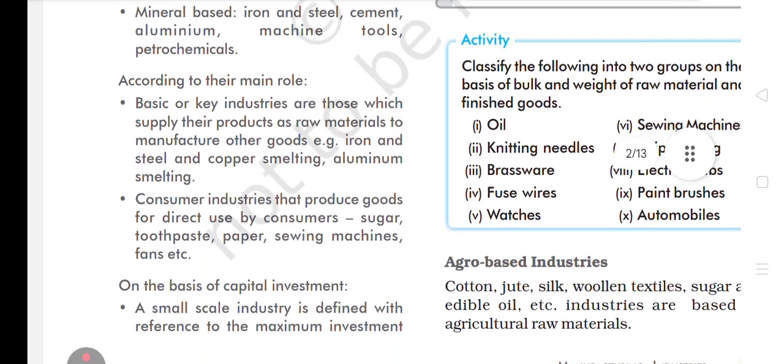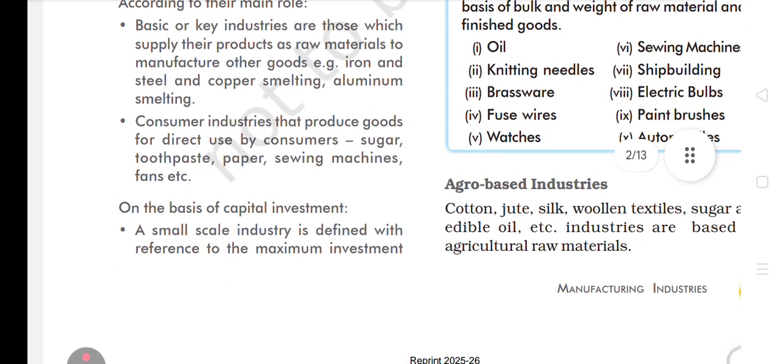Now next is according to the main role. According to the main role, there can be two kinds of industries. Basic or key industries are those which supply their product as raw materials to manufacture goods. Examples are iron and steel, copper smelting, aluminium smelting. These are those industries which manufacture these minerals. Minerals are also manufactured. See, we do not get iron in its basic form.